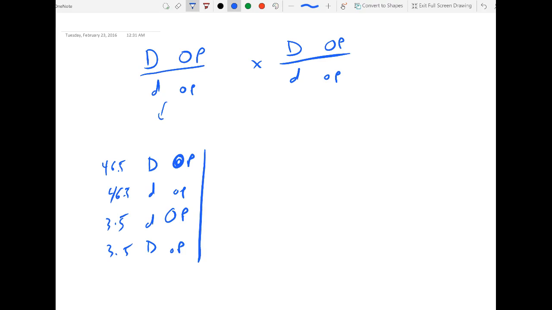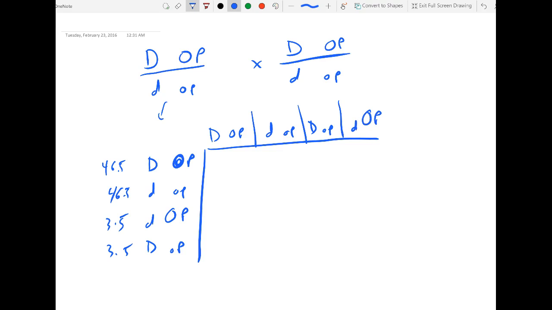The problem is, now we have to kind of do a Punnett square, which is one way to do it, at least one way to demonstrate it. Big D, OP, little d, little OP, big D, little OP, and little d, big OP.